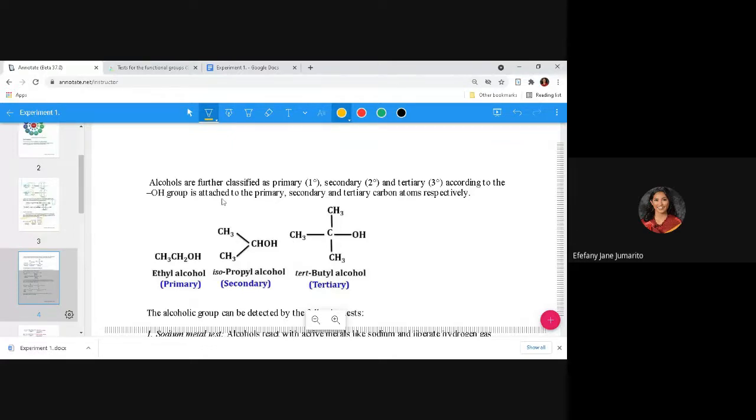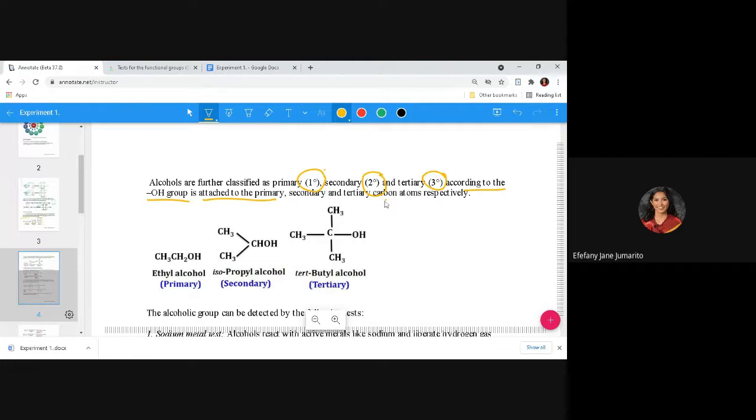Now let's go here. Alcohols are further classified as primary, secondary, and tertiary, according to the carbon atom to which the OH group is attached.